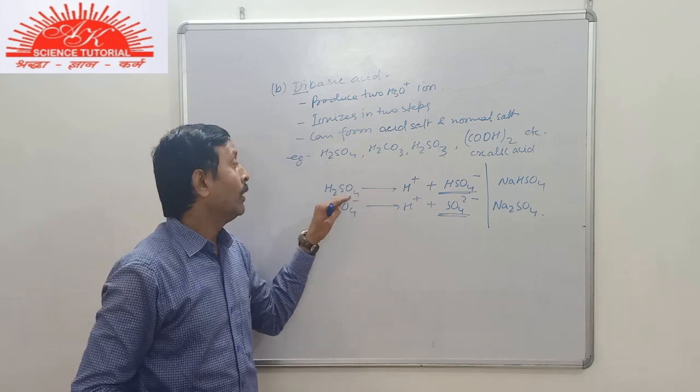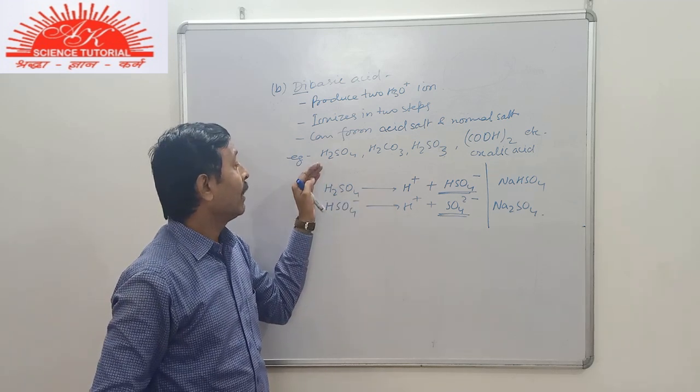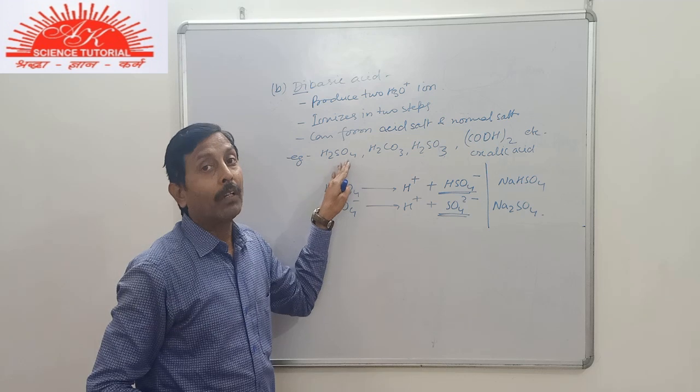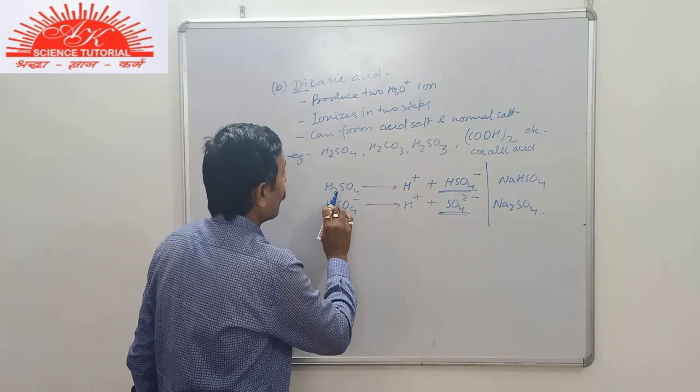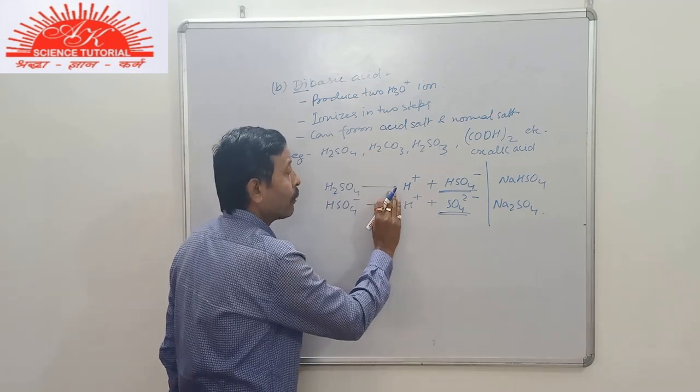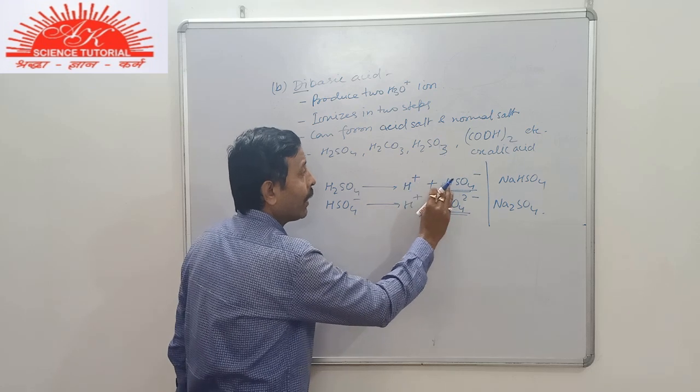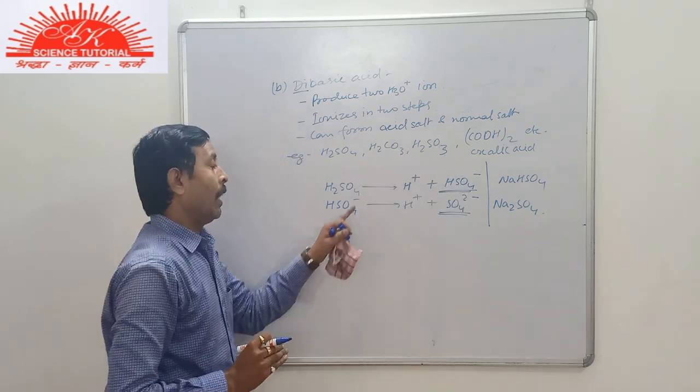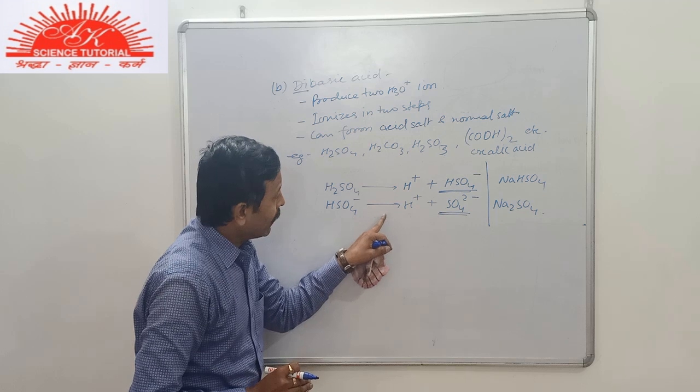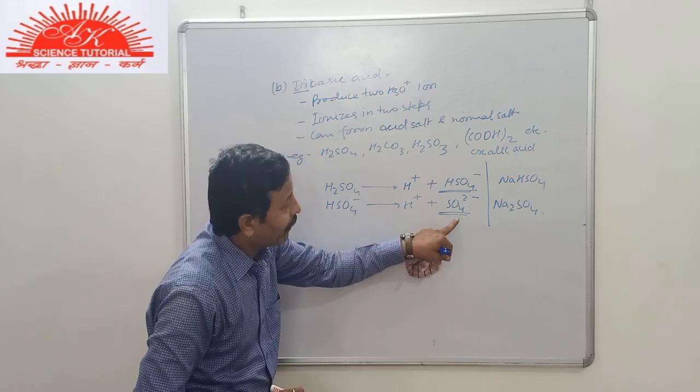In that case, you will use an acid that contains 2 or more ionizable hydrogen atoms. For example, sulfuric acid ionizes partially to give H plus ion and HSO4 minus ion, and on complete neutralization it gives another H plus ion and sulfate ion.